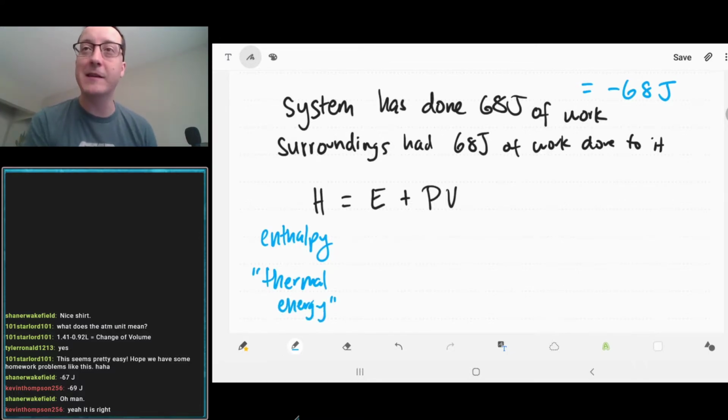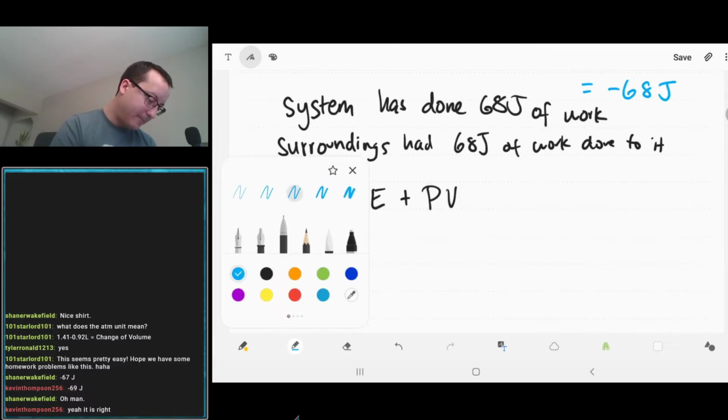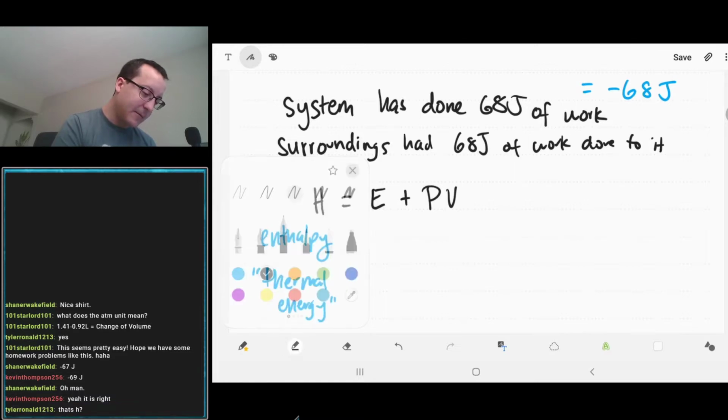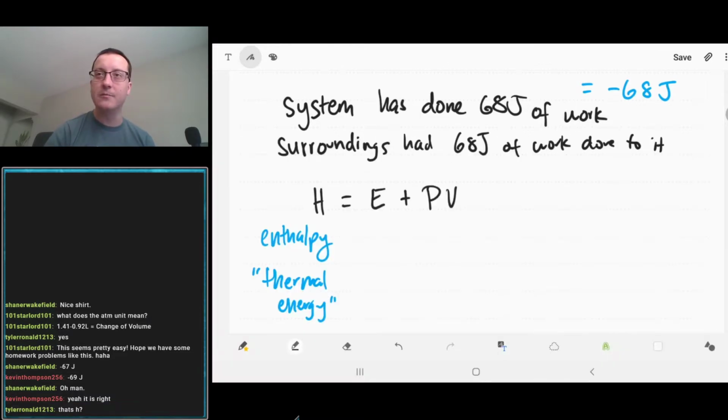We're going to see enthalpy is going to be a very useful term for us in talking about how much energy is going to be associated with chemical reactions. And again, internal energy, pressure, volume, all that fun stuff.